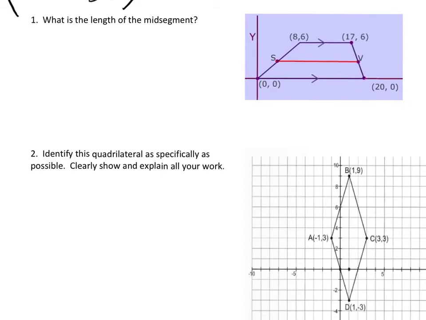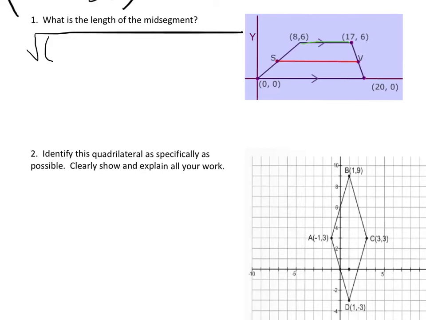So I use the distance formula, and I'm going to find first the distance between these top 2 points. Let's see, I'll grab a different color. This green, I'm going to find the distance of that.